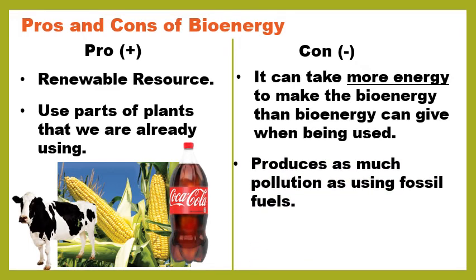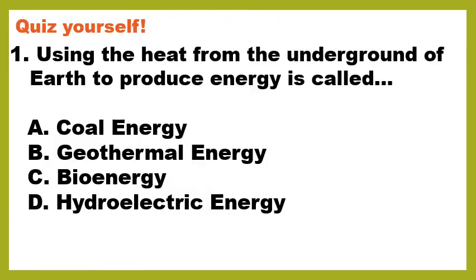Also, we're burning stuff, so it produces as much pollution as using fossil fuels, and that kind of defeats the purpose of using alternative energy because we want to stop burning things and put less carbon dioxide into our atmosphere.